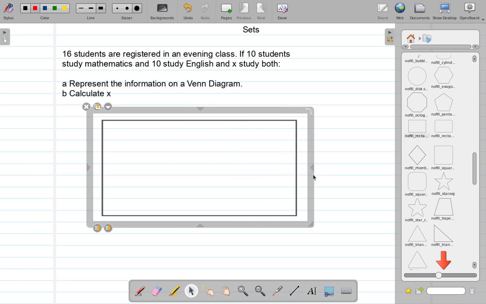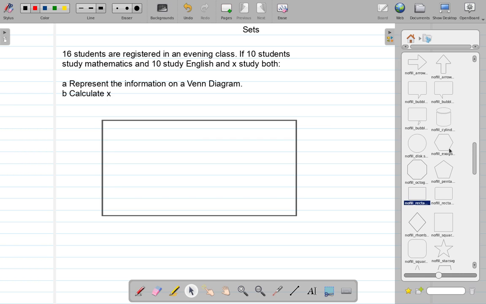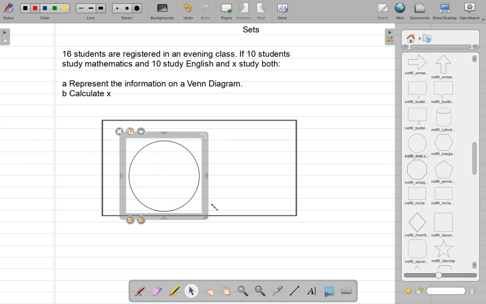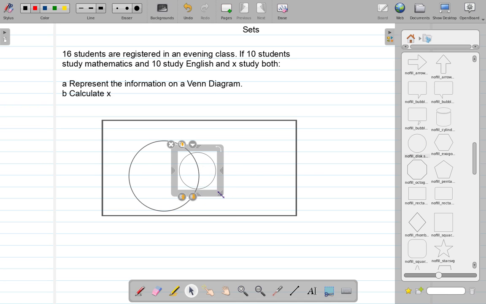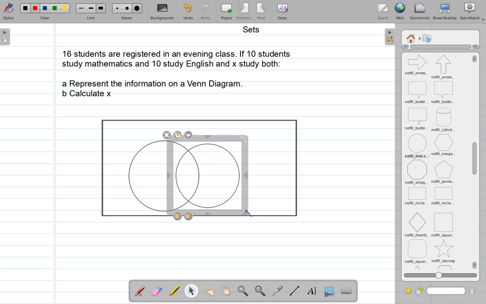Represents the entire evening lessons, and we have our circle to represent those doing maths, and another circle to represent those who are doing English.